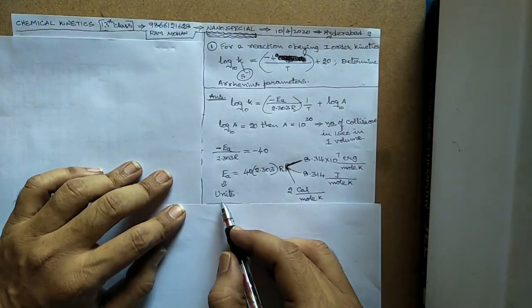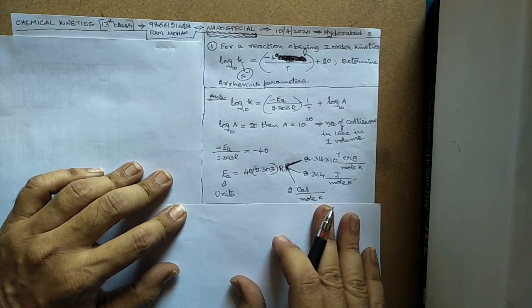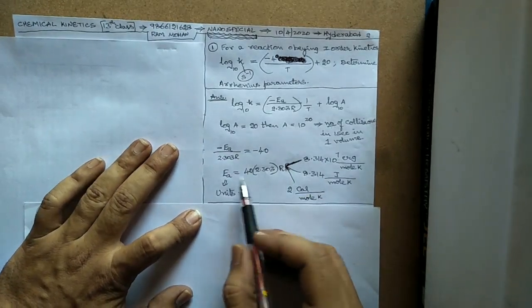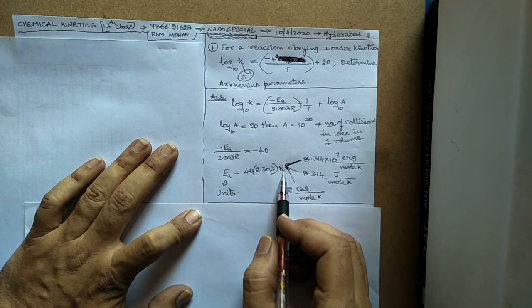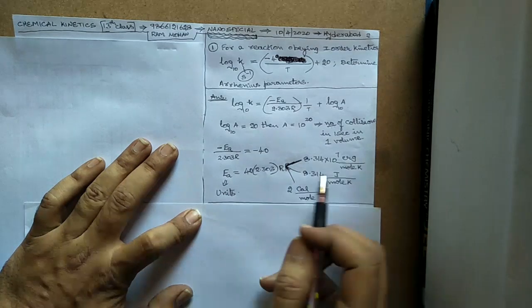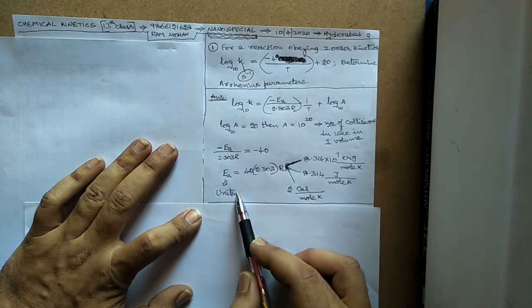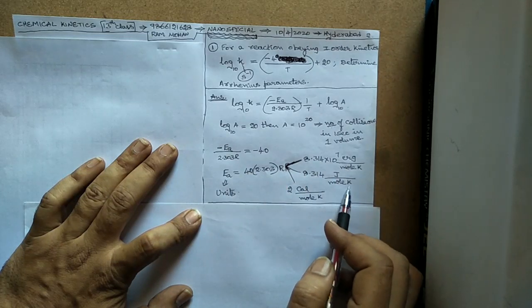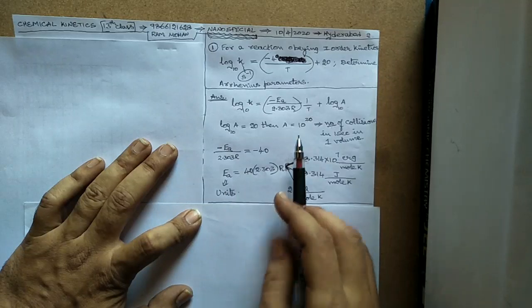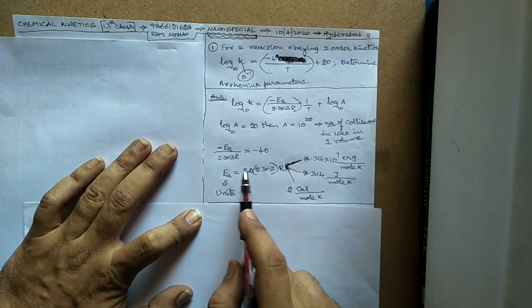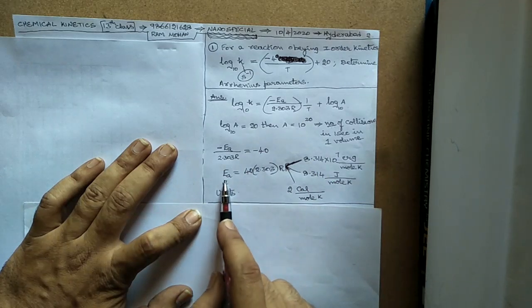I said in the previous class very clearly that activation energy and R have to be properly matching in their units. If I substitute R in erg per mole per Kelvin, this will be ergs per mole. If I substitute in joule per mole per Kelvin, this will be joule per mole, because the per Kelvin with the Kelvin here will balance. So I will not have that Kelvin here.